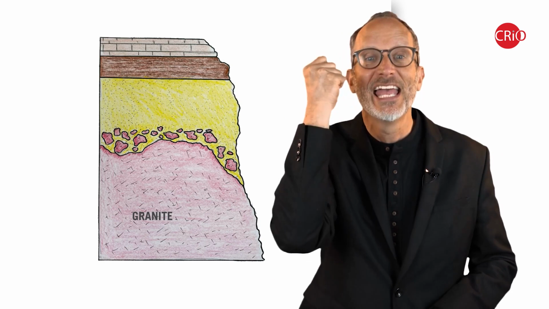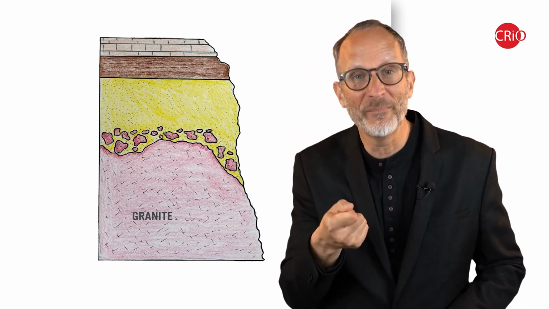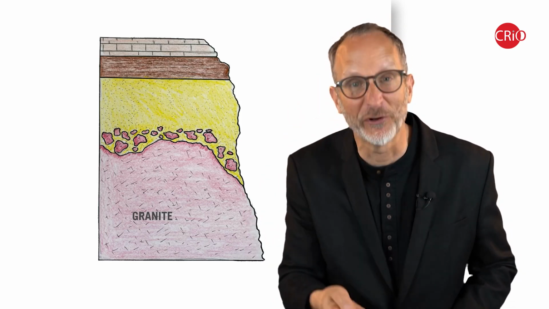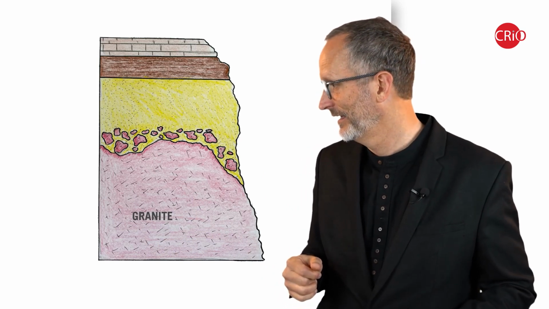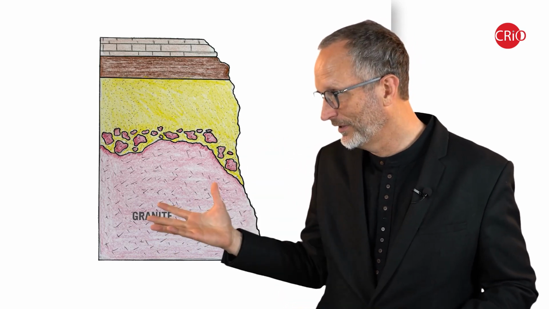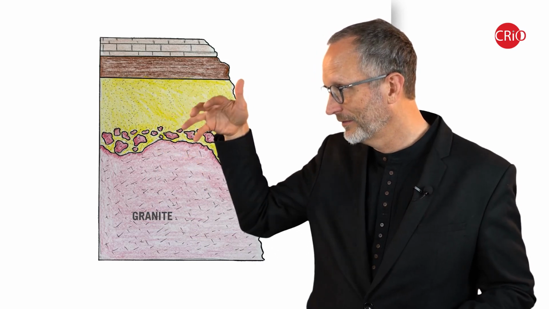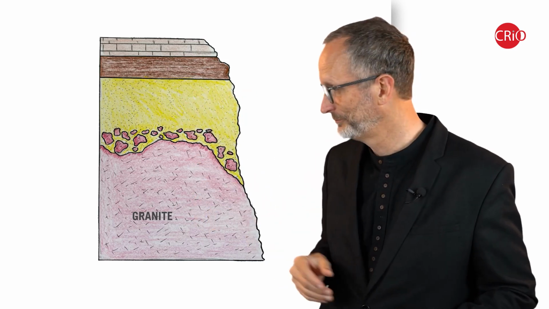And knowing under what environments these different rocks form gives us more in-depth information of the history of this geological system. This is an example of what is older below and what is younger above.